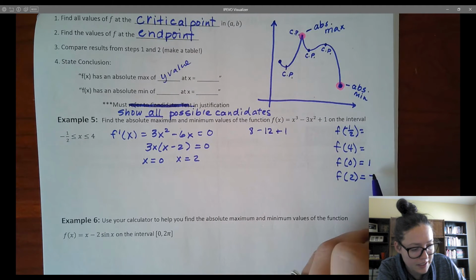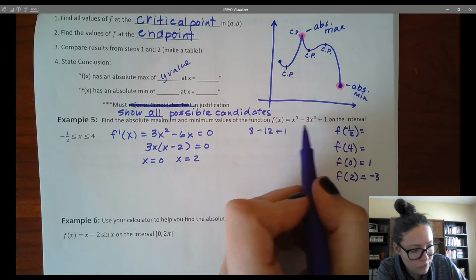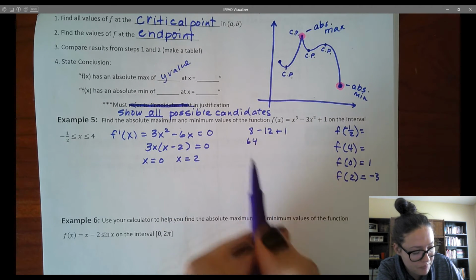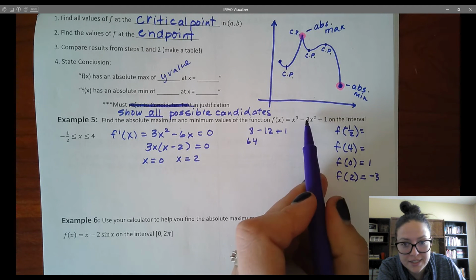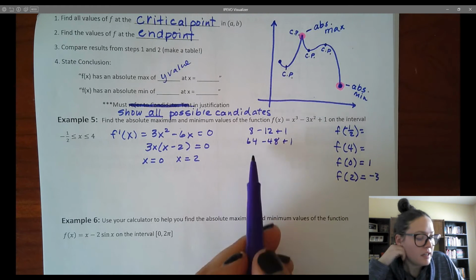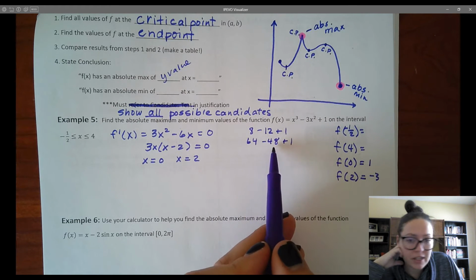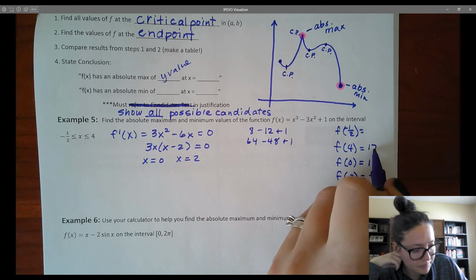F of 4. 4 cubed is 64. 4 squared is 16 times 3 is 48. So 64 minus 48 is 16, plus 1 is 17. Okay, last one. Save the toughest one for last, right?